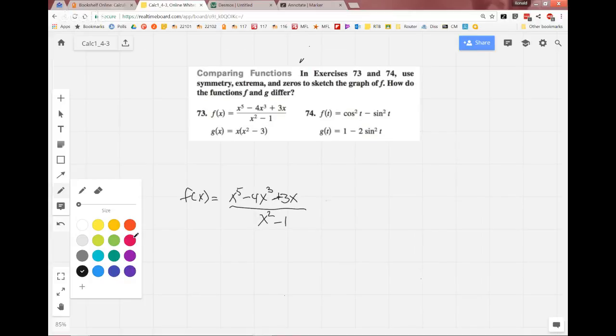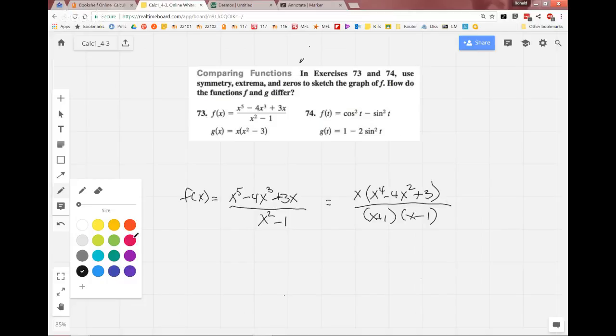Well, I can take an x out of the top. I can factor the bottom. Can I factor that top?